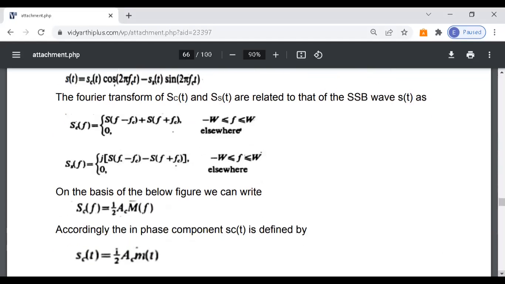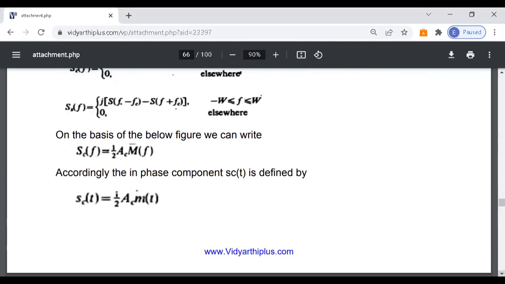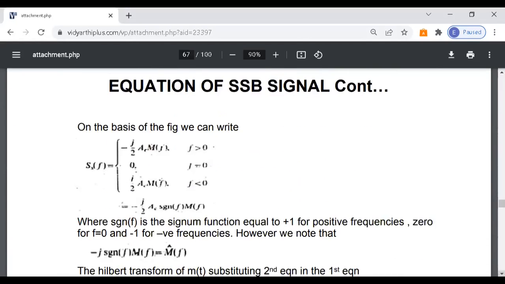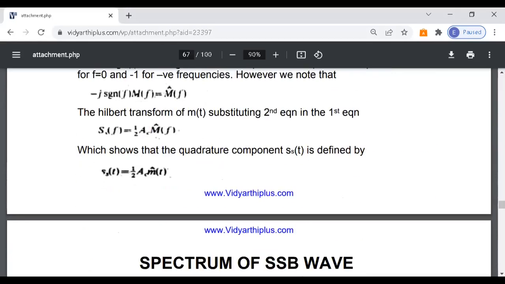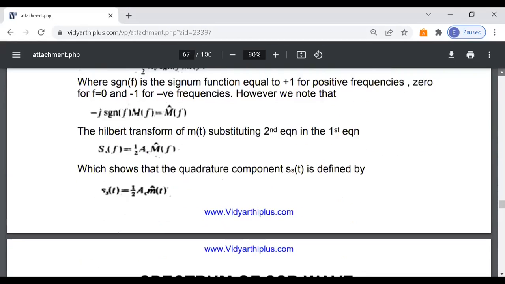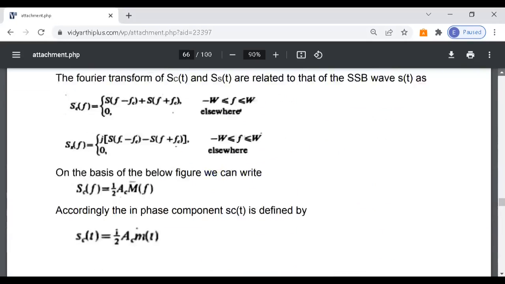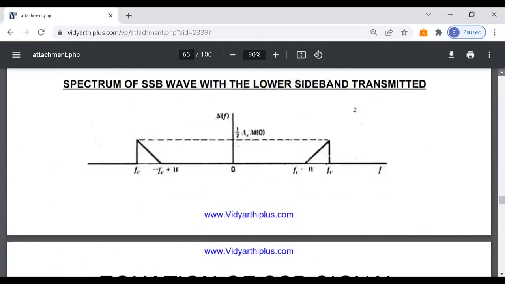In a way, from the time domain to the frequency domain, this becomes this. So, we're going to look at the figure and come back to this. Yes, this is the figure they're referring to.